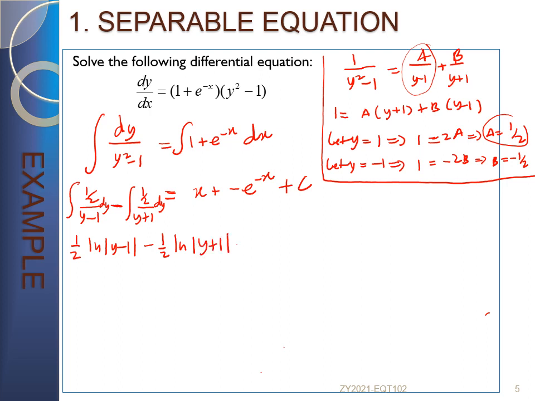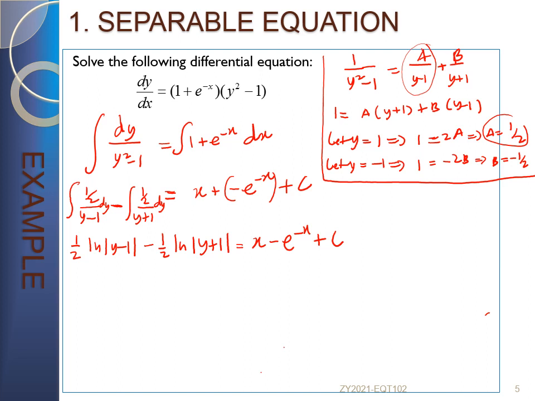Okay, so for the right hand side, for x, we just follow it. Negative e^(negative x) is negative e^(negative x) plus c. So that's it. Normally we will have to simplify it.